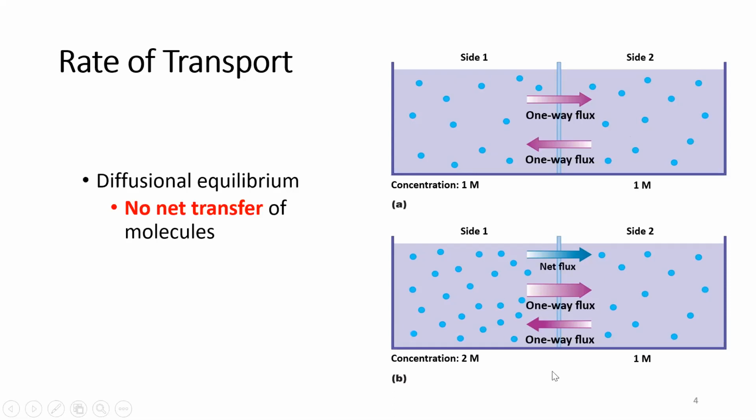Now in scenario B, we see net movement, right? We have a higher concentration of particles dissolved in side 1, a lower concentration of particles dissolved in side 2. So now we have a gradient for movement. We see net movement happening from side 1 to side 2, in other words, from higher solute concentration to lower solute concentration, okay?